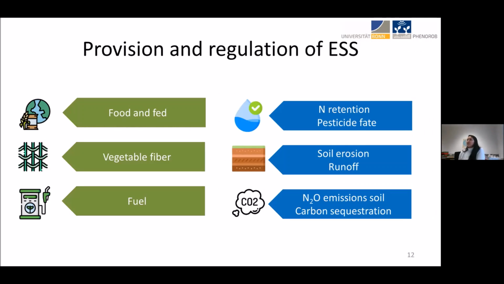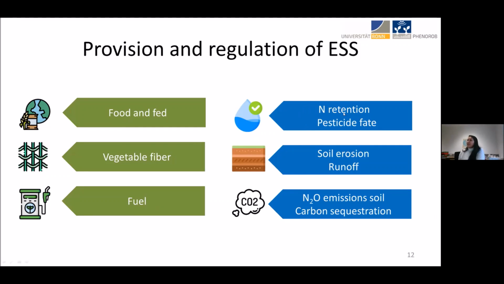As for the provision and regulation of ecosystem services, there are many of these that can already be simulated, but they depend on the model. For example, all the models are able to simulate food and health, because they simulate the biomass and also the grain yields. Fiber and fuel can also be derived from the biomass that is simulated.